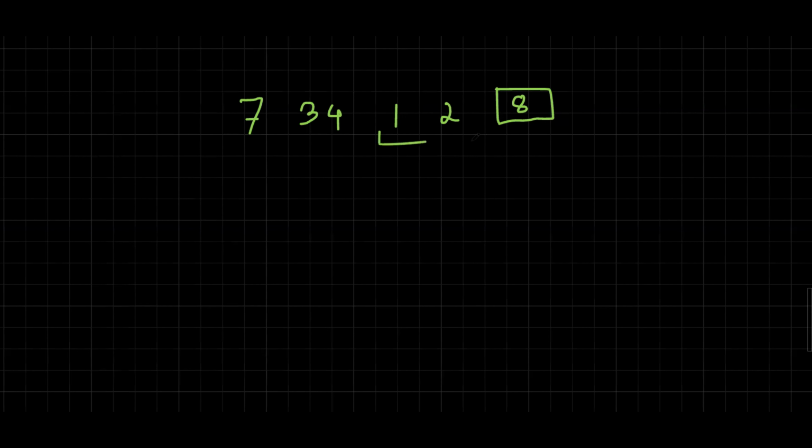It is 3, because the maximum length starting from today going backward, where the stock price is less than or equal to today's stock price, covers 1 and 2, because 1 and 2 are less than or equal to 8. So here we can see that for the stock 8, the total span is 3.